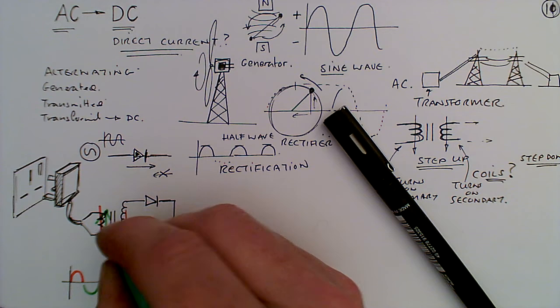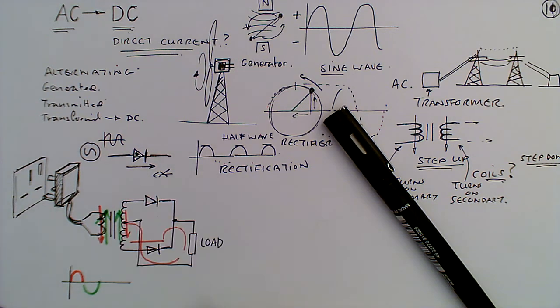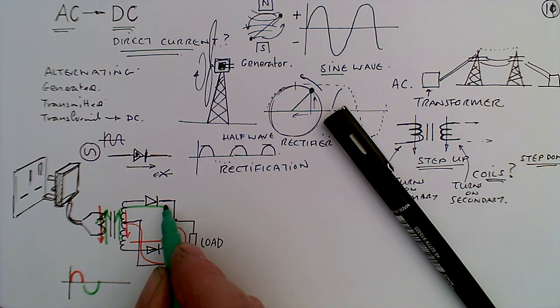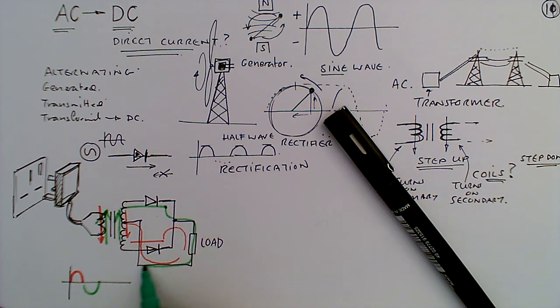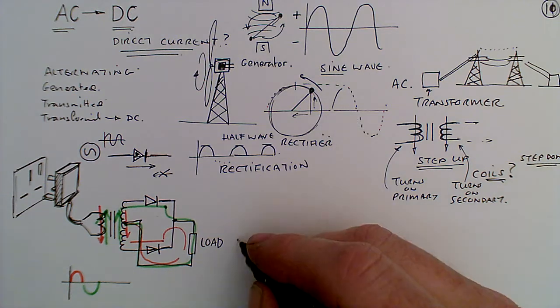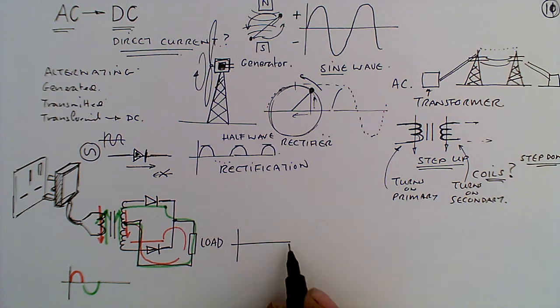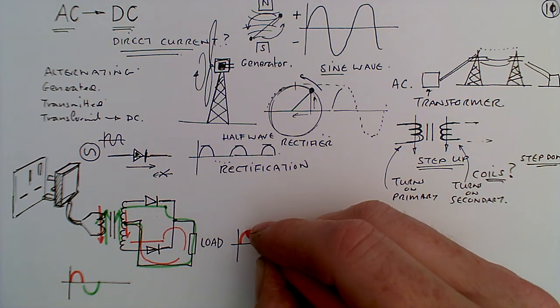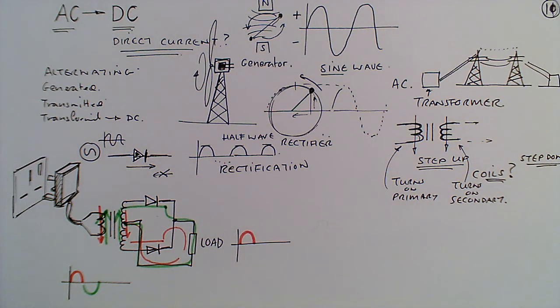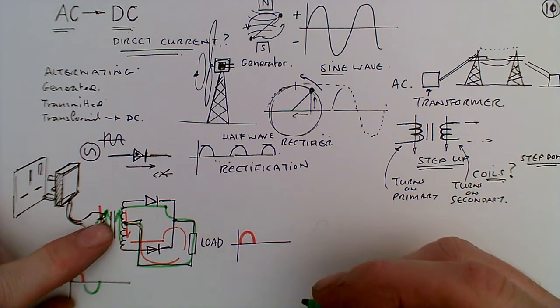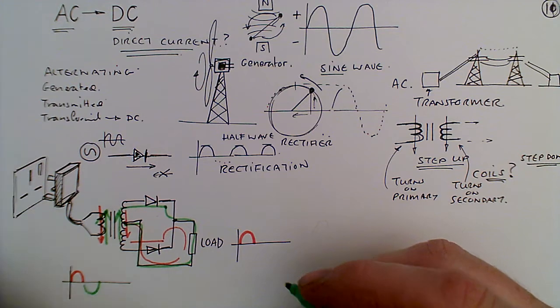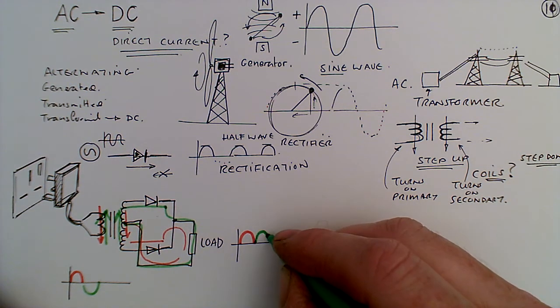So that's going that way. Well, now we can go through there. We can't go around that way because there's the stop sign on there, so we can go through there, around there, and back to there. So here on the load we had positive, but when it was negative here, it was going through the diodes in such a way as we had another.